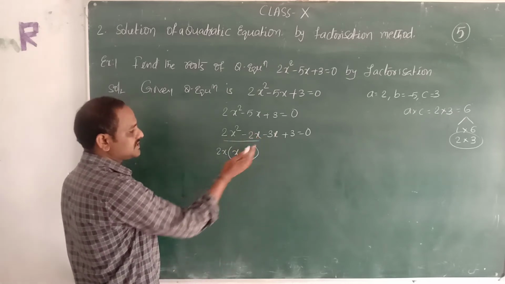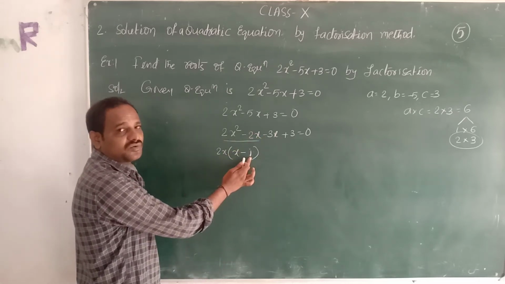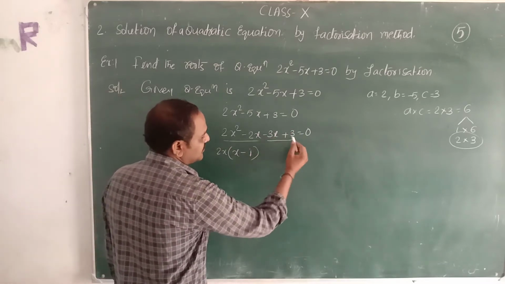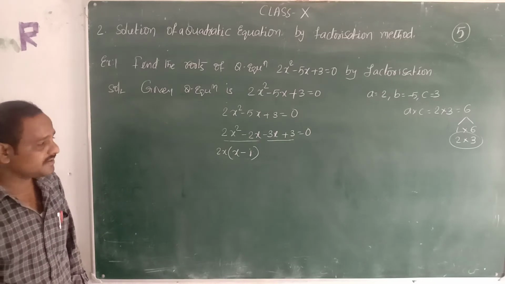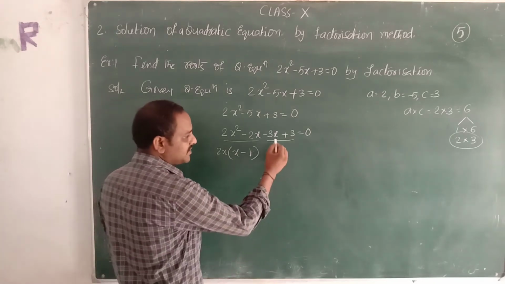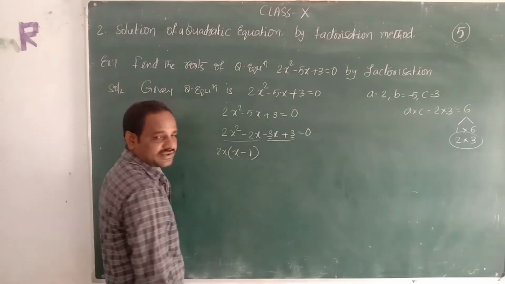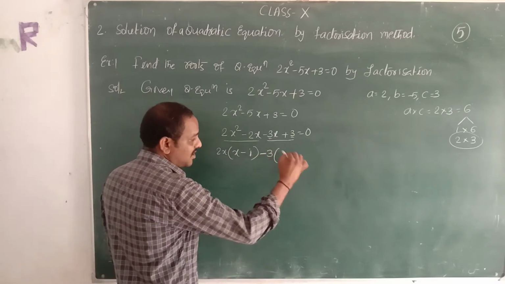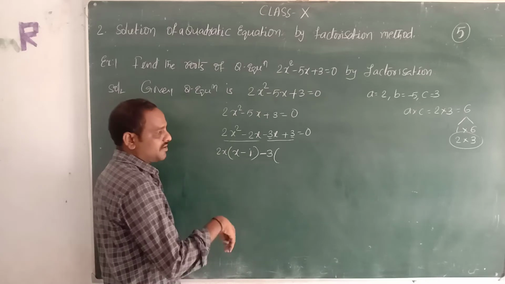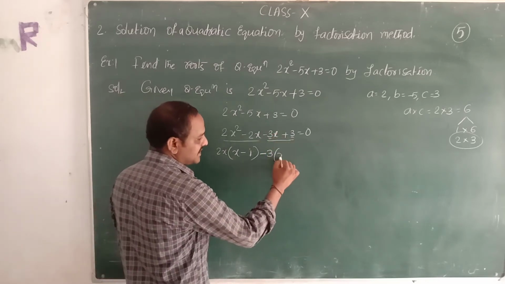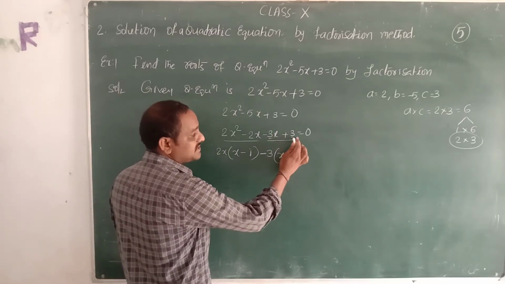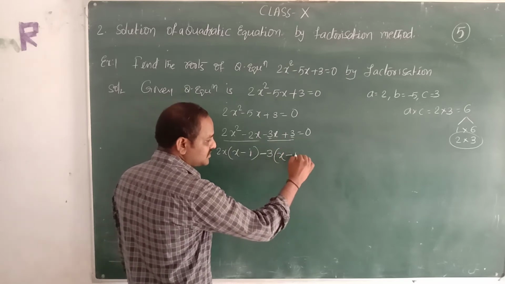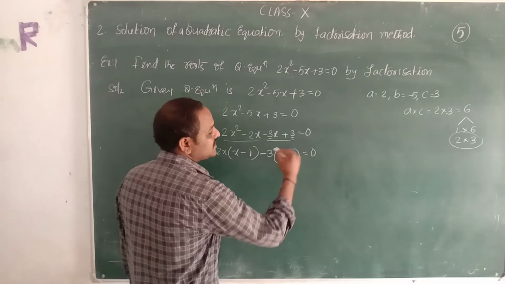Now from these two terms, which one are we able to take as common? Only 3 is common for these two terms, so I am going to take minus 3 as common. Then the remaining terms are x and plus 3. By taking minus 3 as common, we will get minus 1 is equal to 0.